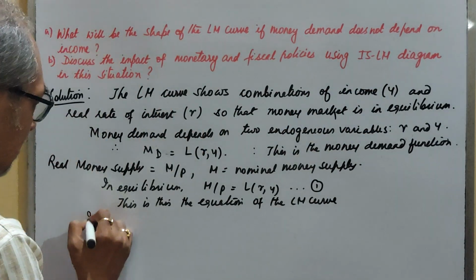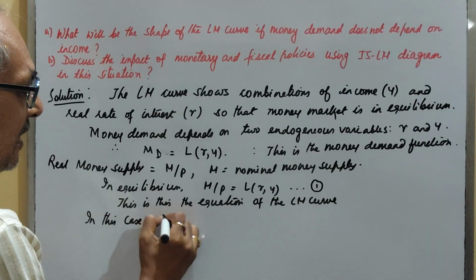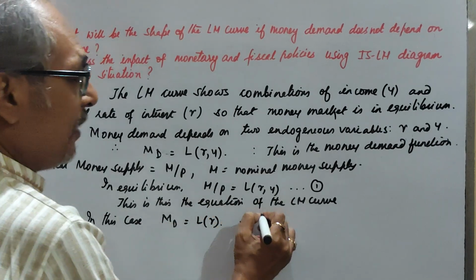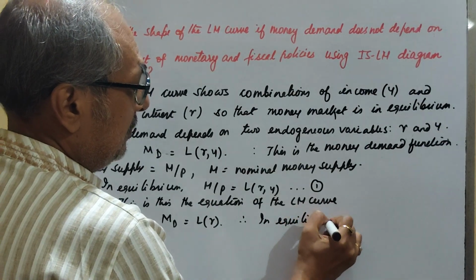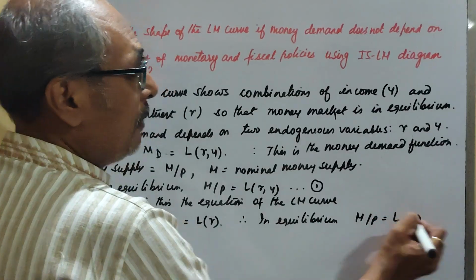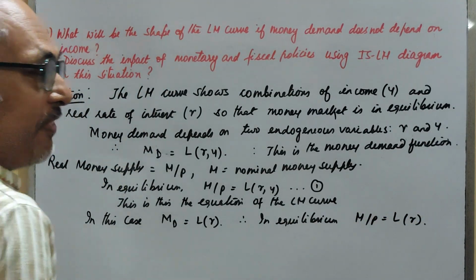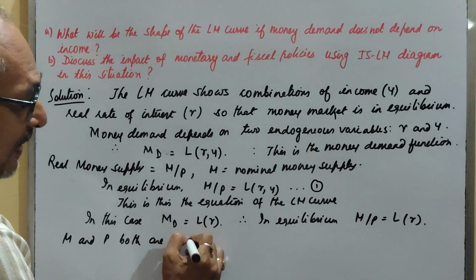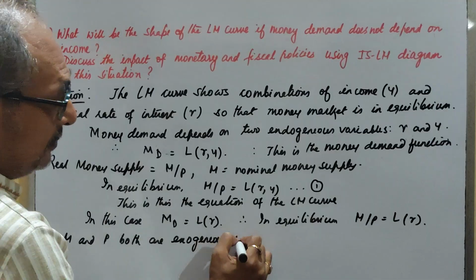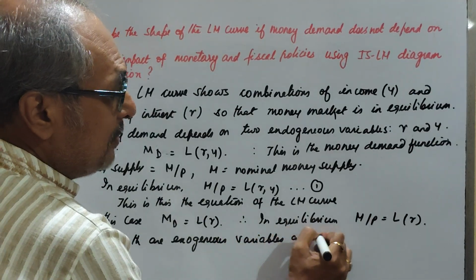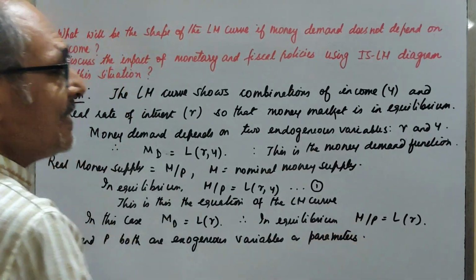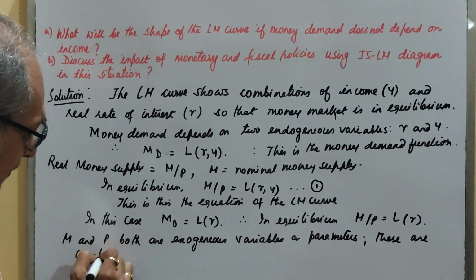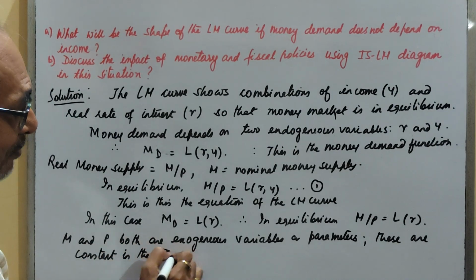That means in this case, MD is only a function of R. Therefore, in equilibrium, M by P equals L function of R. Now, M and P both are exogenous variables or parameters, and these are constant in the IS-LM model.